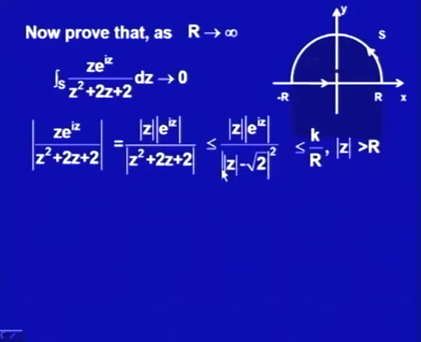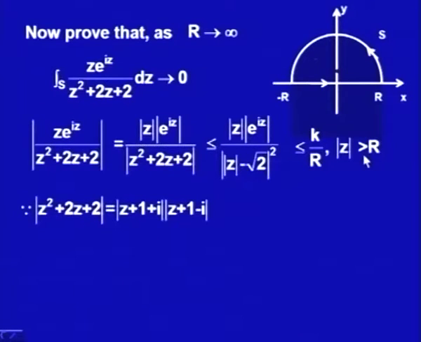Since mod z is greater than r, 1 upon mod z is less than 1 upon r. The absolute value of e^(iz) is 1, so what remains is a constant upon r. So we have that this is bounded by k upon r when mod z is greater than r.